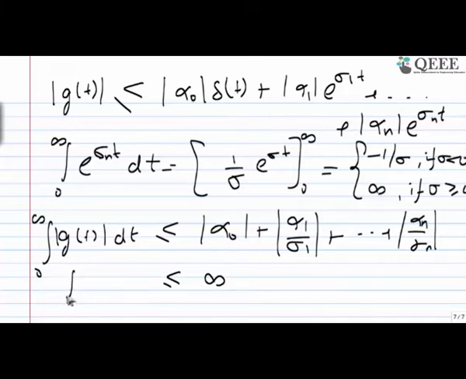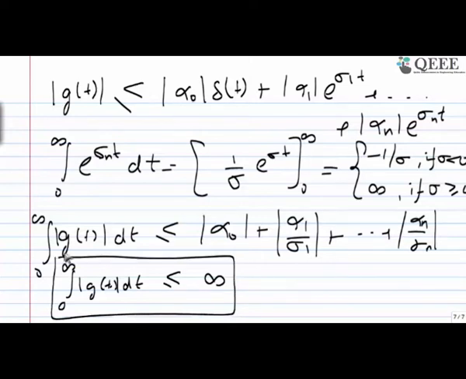So finally this gives me the integral of mod g of t dt, which is our definition for asymptotic stability: if the impulse response satisfies this condition, then I define my system as a stable system. So we have proved that if all the poles have a negative real part, then your system is asymptotically stable.